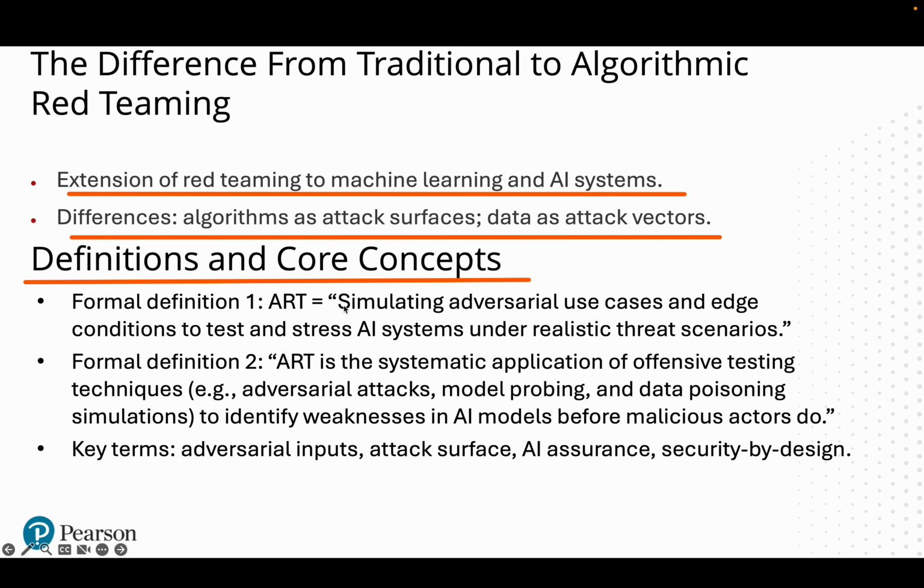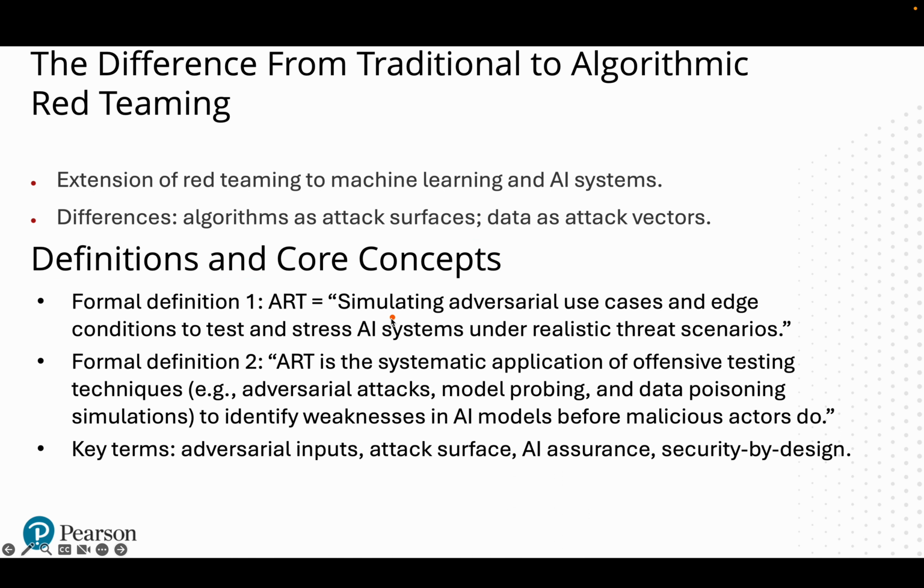Remember, my definition of algorithmic red teaming was testing for adversarial inputs, exploit discovery, and security by design. But the actual formal definition, I'm reading it here, would be simulating adversarial use cases and edge conditions to stress test AI systems under realistic scenarios.